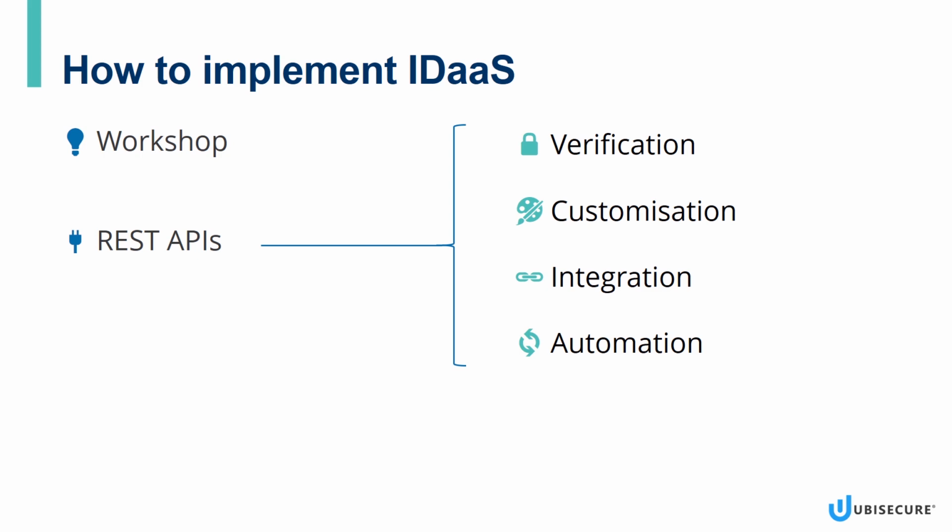Then about integration, there are APIs that allow integration with anything that is needed. If needed, integration with portals, CRMs, internal IAM systems, IDP proxies, or external authentication methods. So there are APIs to make integration simpler.